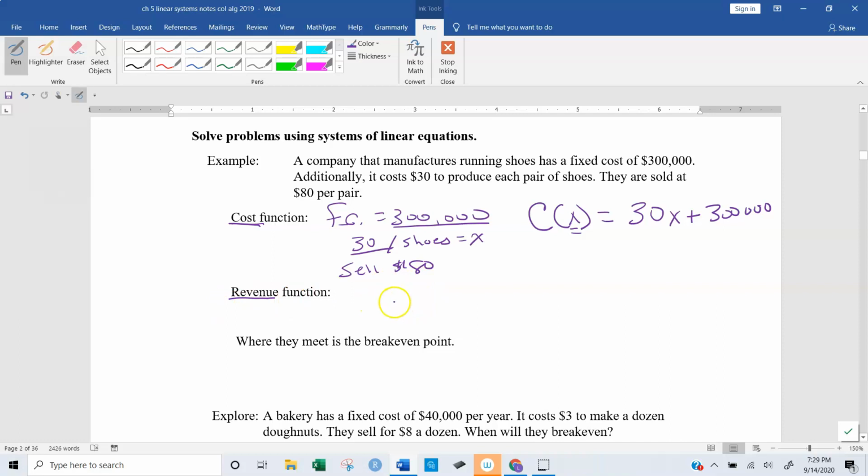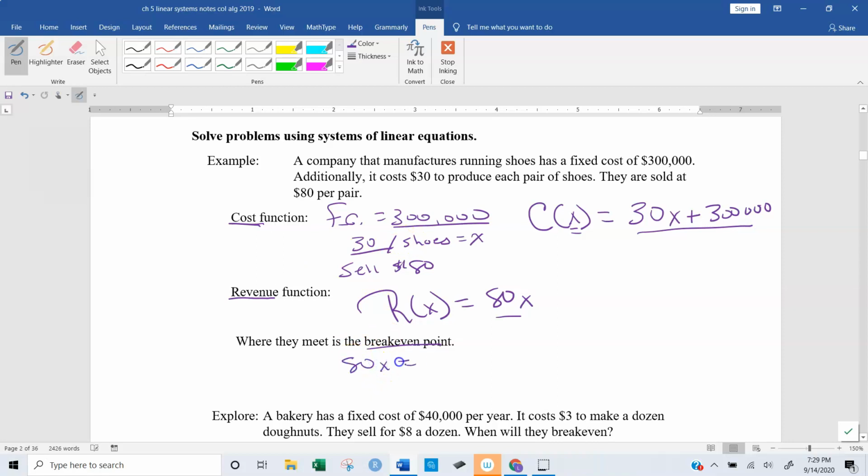Okay, your revenue function is always written R of X, and this is how much you take in. So it's $80 times the number of pair of shoes you sell, and that's all there is to revenue. The break even is where they meet. So you set these two equations equal to each other and you find your break even point.